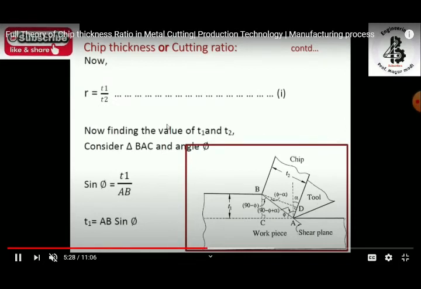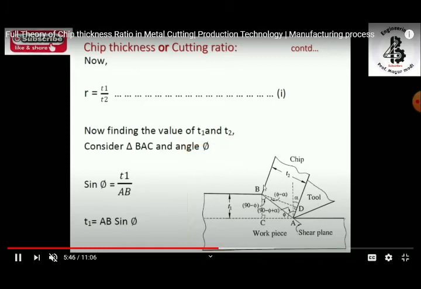The slide also explains that the chip thickness ratio is equal to T1 divided by T2. In this figure you observe T1 distance is the BC distance, and at the same time T2 distance is the BD distance. Now finding the value of T1 and T2. T1 is equal to BC, T2 is equal to BD.